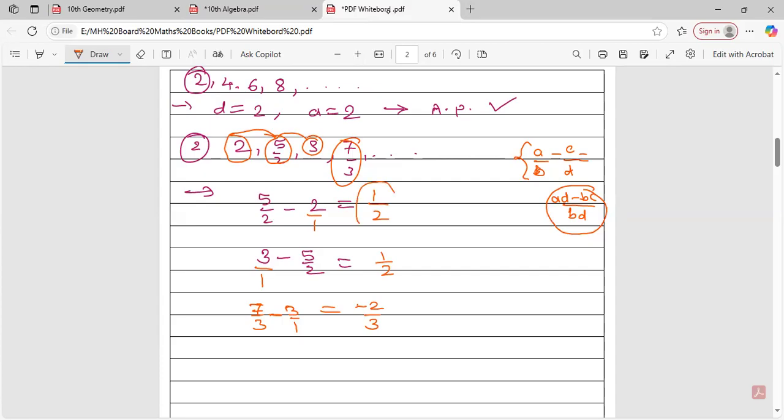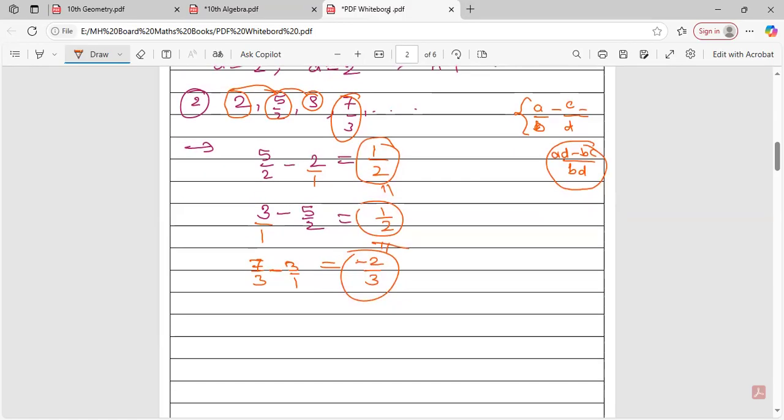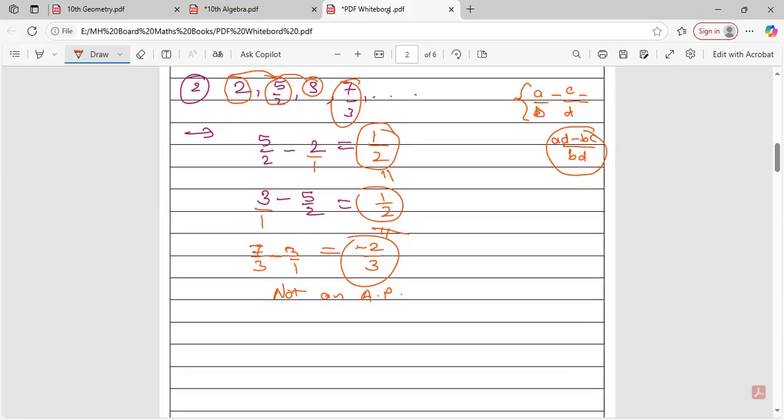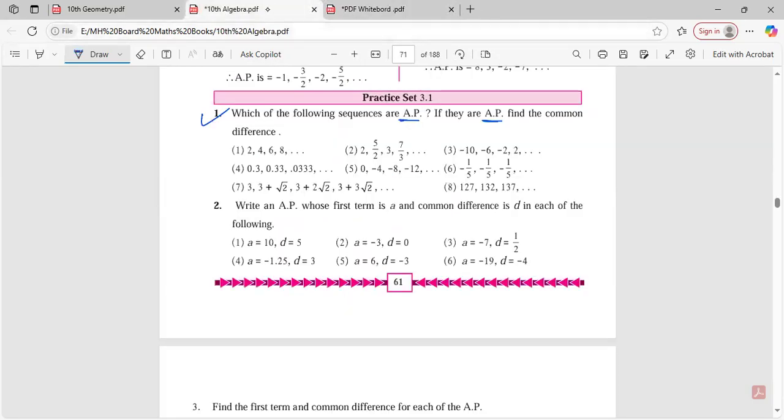So are we going to get the same common difference? These two are equal, but the third is not equal. Hence we conclude that it is not an arithmetic progression. It is not an AP. Understood?